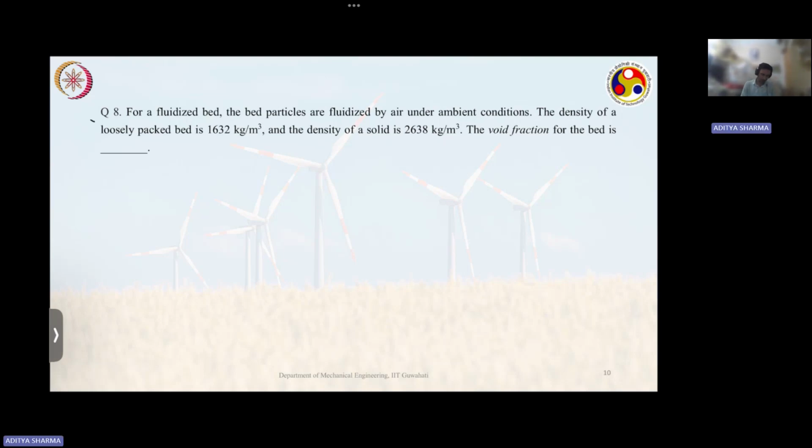It states that for a fluidized bed, the bed particles are fluidized by air under ambient conditions. The density of loosely packed bed, loosely packed means when the particles have fluidized.